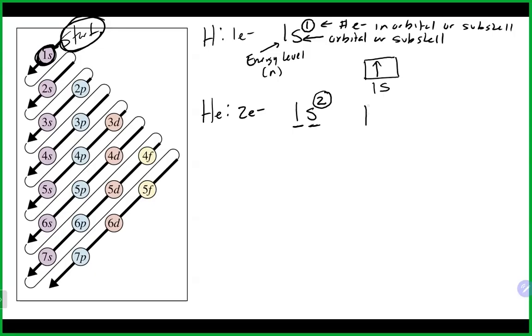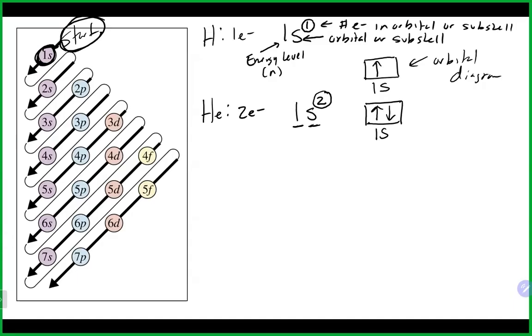If we were to show the orbital diagram here, picture-wise, of what's going on, we would have an electron going upwards and an electron going downwards. Not relevant for our class, but there's a reason why one goes up and one goes down.